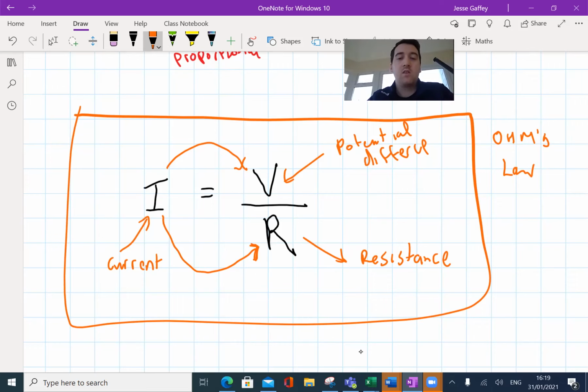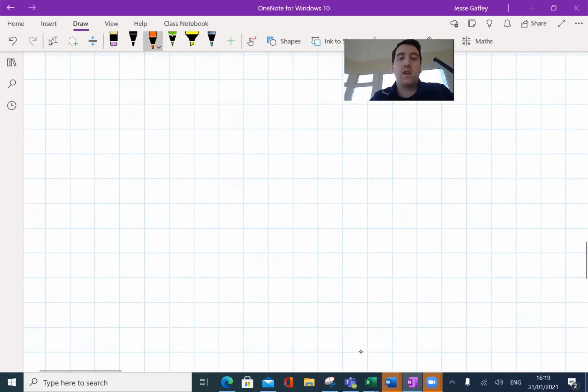Okay, so think about it again. Without looking at the screen now, I want you to try and figure out what the formula is. We've got current, I. Current equals what? What happens to current when we increase the voltage, the potential difference? The current increases. That means they are proportional.